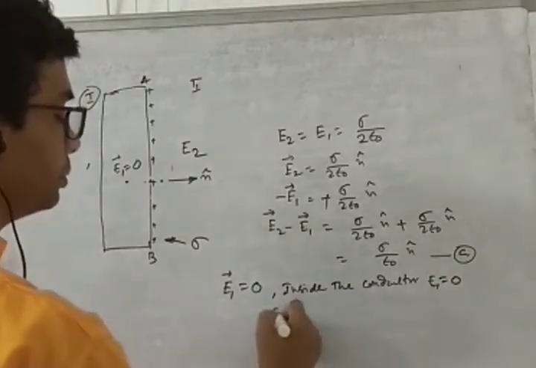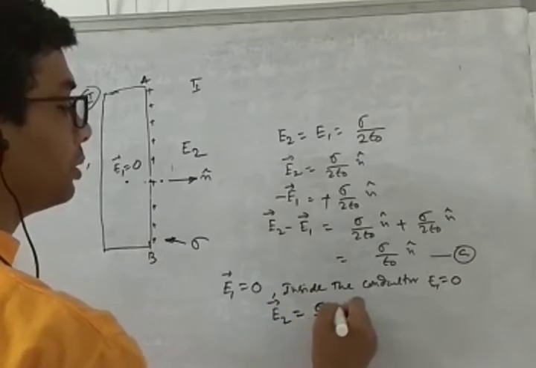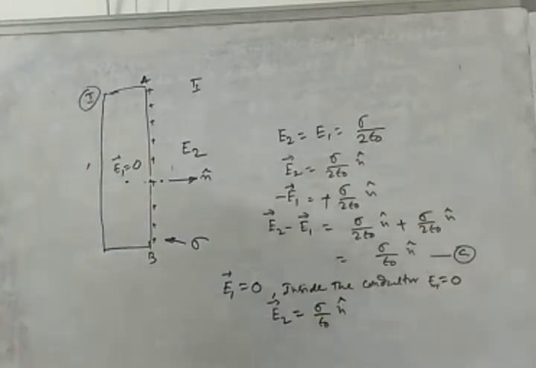So the E2 vector is equal to sigma by epsilon naught n. What is E2? E2 is the electric field just outside the conductor. So from this result, you can easily prove that just outside the conducting surface, the electric field is equal to sigma by epsilon naught.